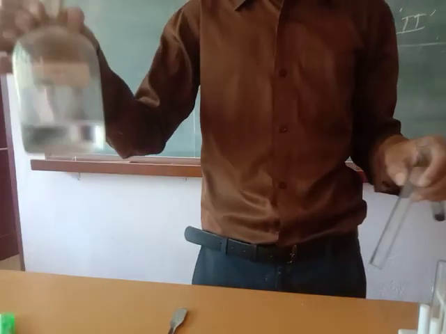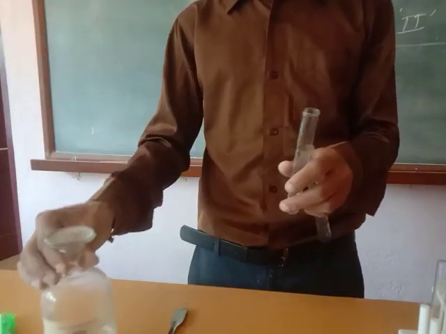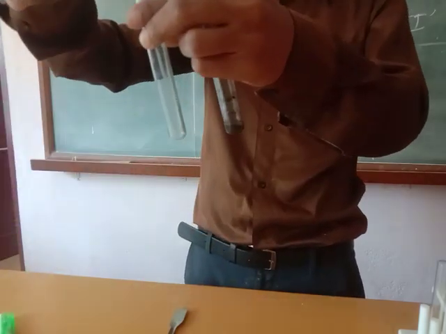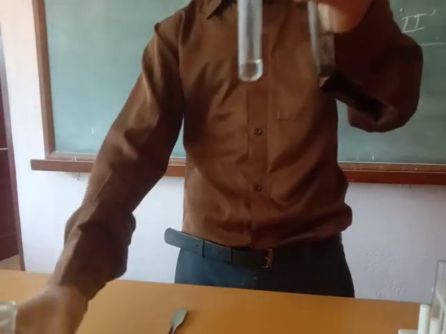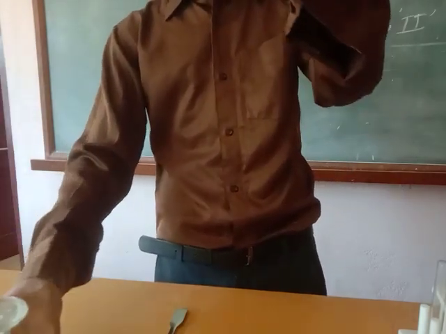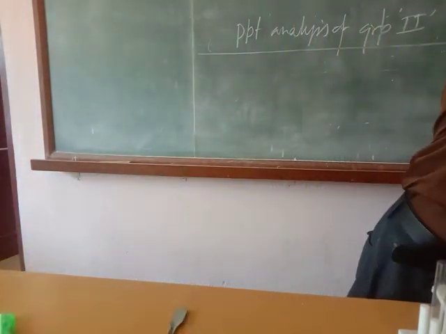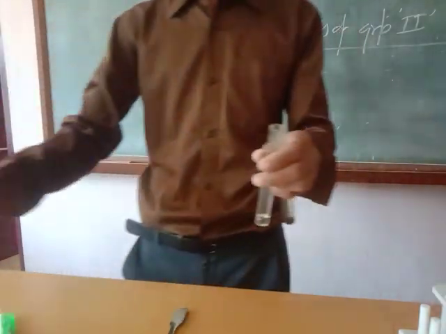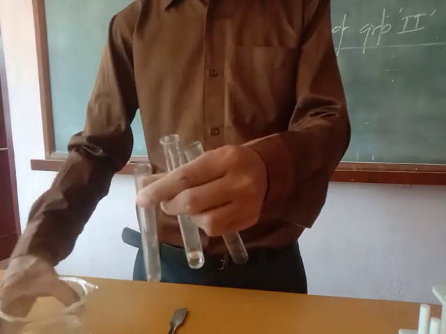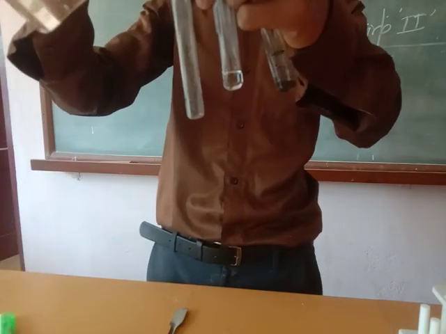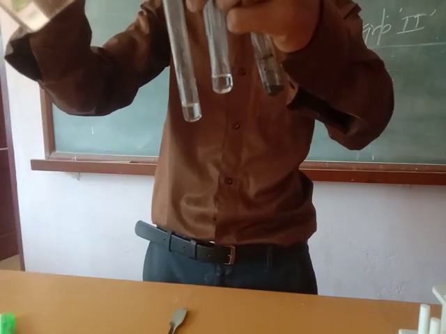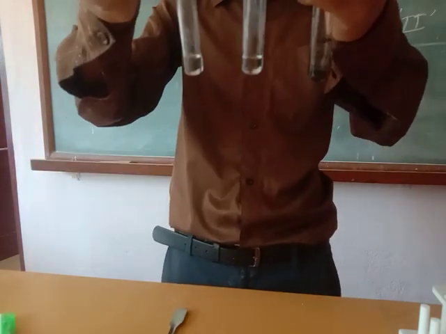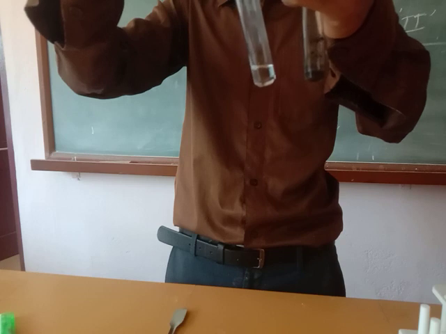This is concentrated nitric acid. It is 100%. We need to prepare 50%. So this is 100% nitric acid. You take another test tube and take the same amount of water. So I need to prepare 50% nitric acid.